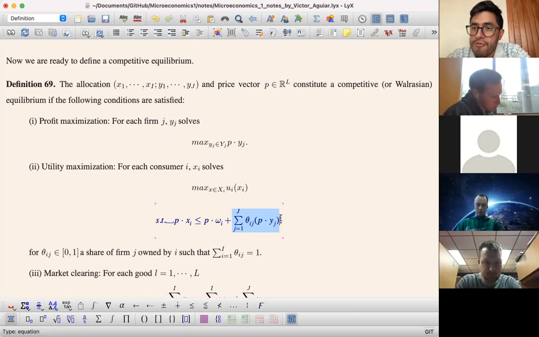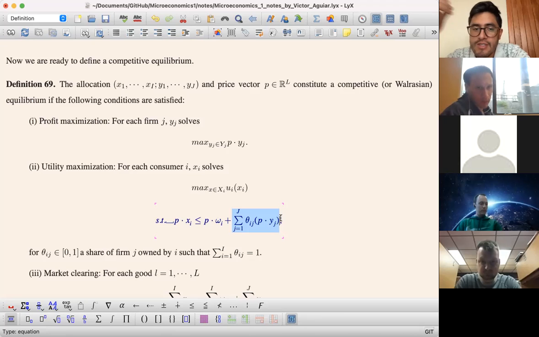So what are the profits of these firms? Clearly, it's prices times the production plan. Remember, the production plan is already a profit maximizing production plan. So prices times y is already the profits. Multiplied by the share, it gives you your share of the profits of each firm, okay?